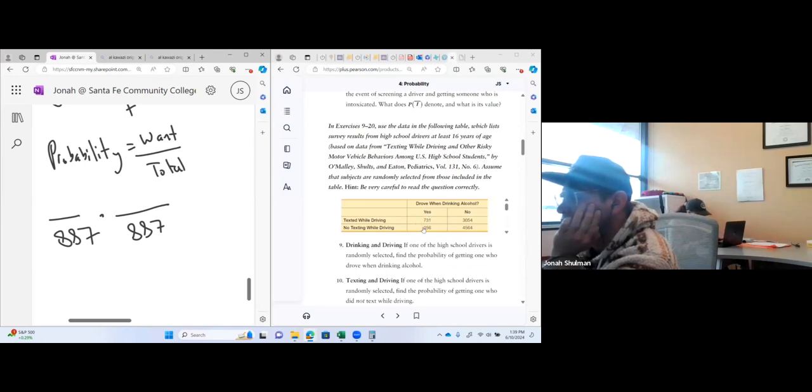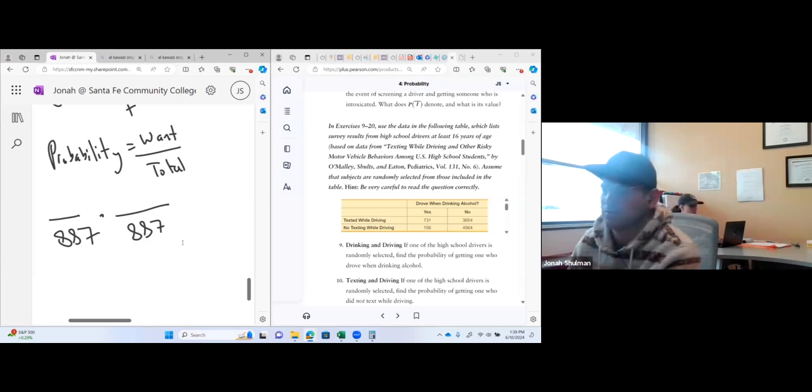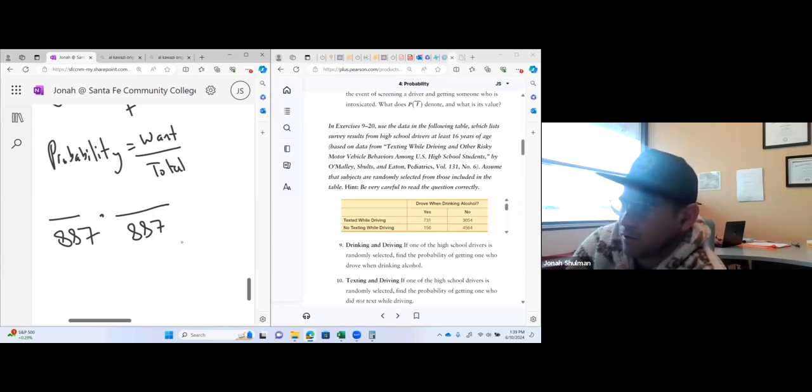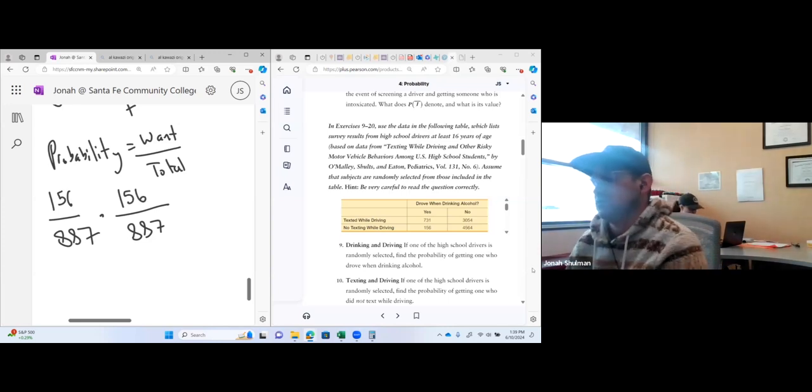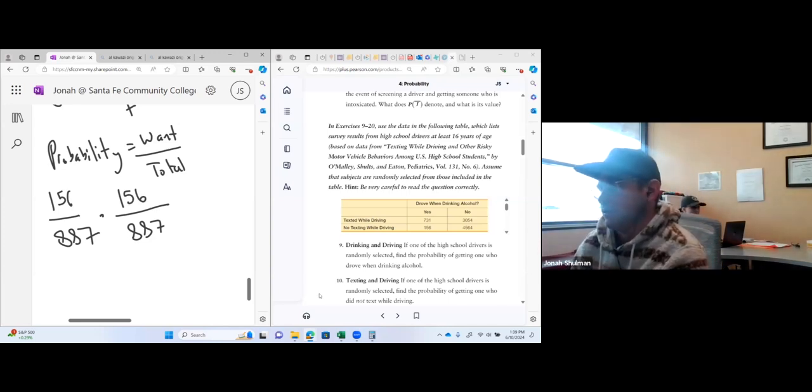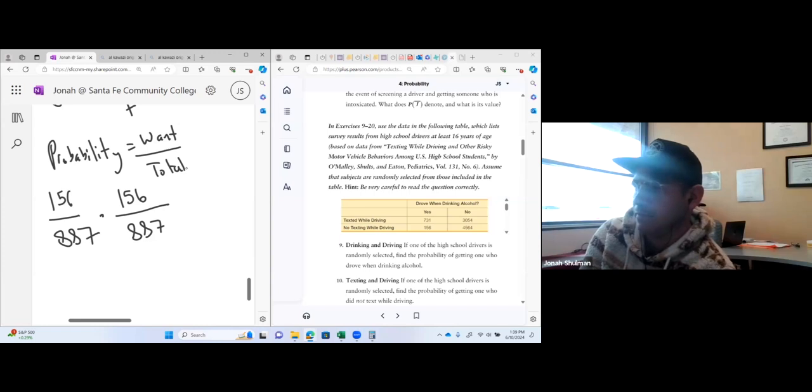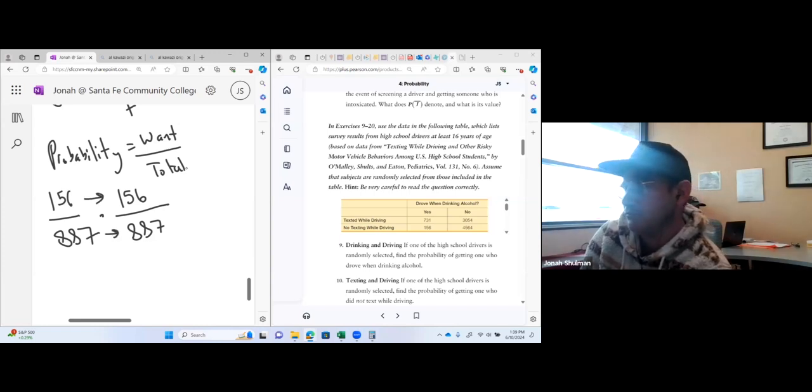And no texting while driving is 156. So what's the probability of not texting while driving? It's 156, and we replaced it, so it's 156 again. That's the first one. So we just do top times top, bottom times bottom.